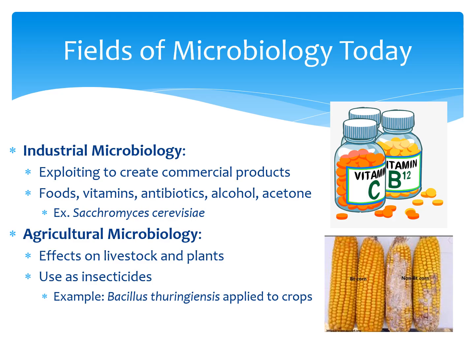Another field is going to be agricultural microbiology. If you want to think of it this way, it's kind of like GMOs, where it's going to affect livestock and plants. There is a type of corn called BT corn, and it uses the bacteria Bacillus thuringiensis, which has a property that is anti-microbial, as well as a pest deterrent feature.